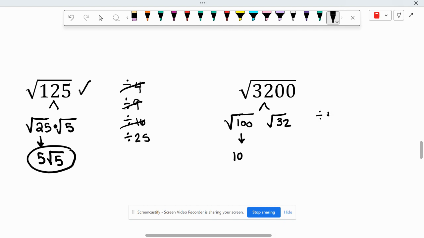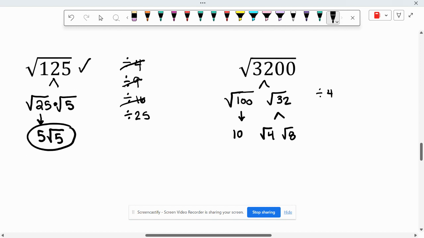Is it divisible by 4? Yeah, it is. The square root of 4 times the square root of 8. But what is the square root of 4? It's 2. So now I have 10 times 2 times the square root of 8. Let's start with the square root of 8.